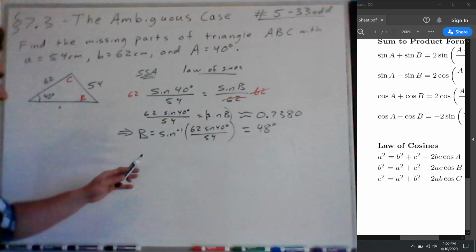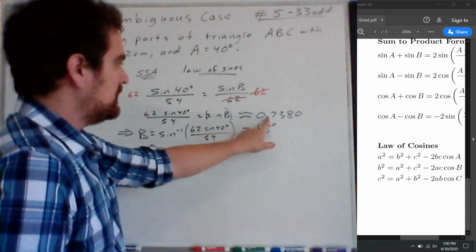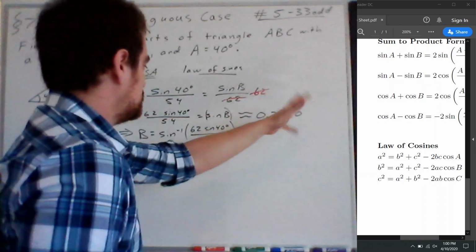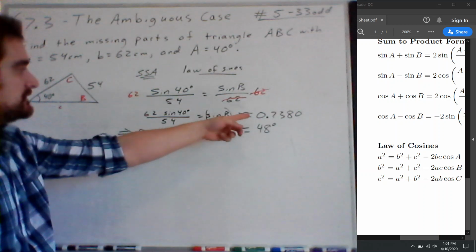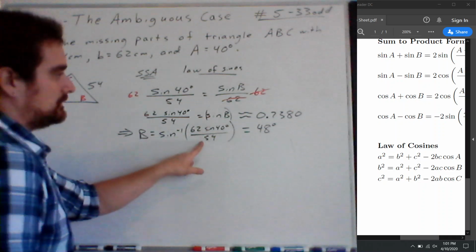Now, when I look at this sine inverse of 0.7380, this spits out an angle.